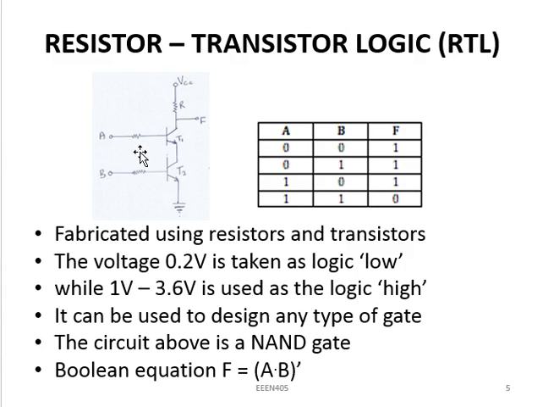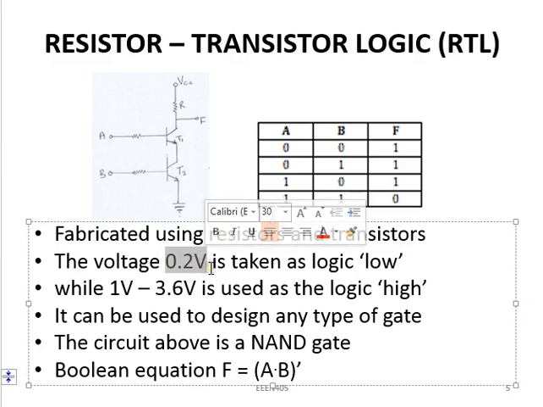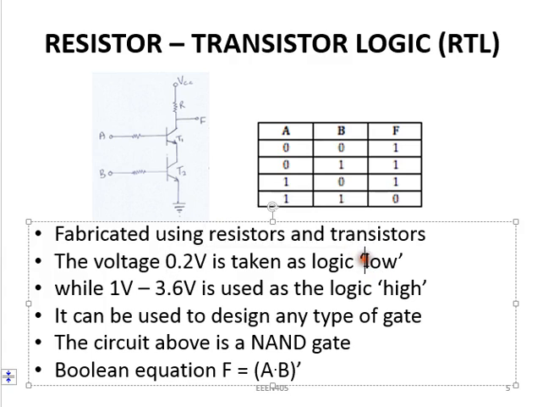In this logic, there are some points we need to understand. First of all, any voltage at the level of 0.2 volts downwards is taken as logic low, that is 0, and any voltage between 1 volt and 3.6 volts is taken as logic high, which is 1.